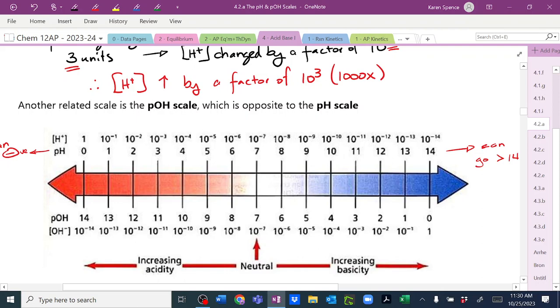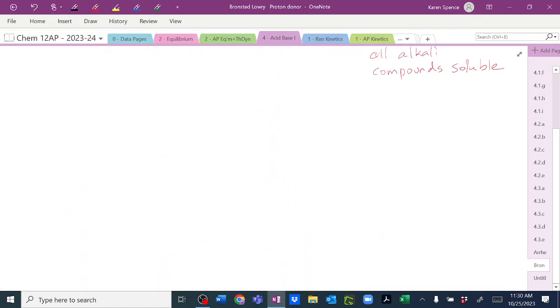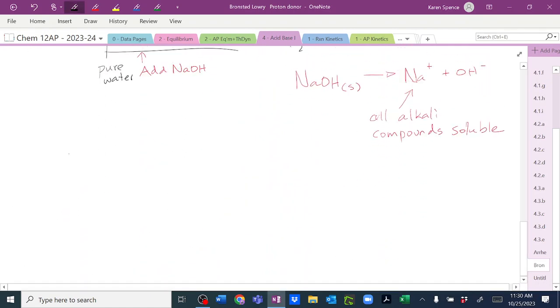You have a question? Why is 7 neutral? Oh, this is beautiful. Shall we go back to our autoionization of water? H2O, H2O. What are our products of the autoionization of water? Hydroxide and hydronium. Okay, and we agreed that happens in a 1-to-1 fashion, yes?